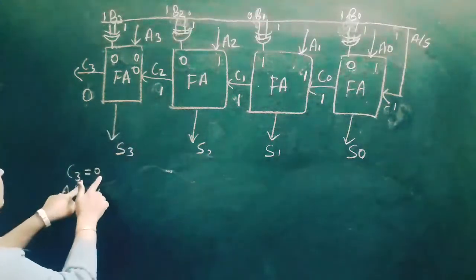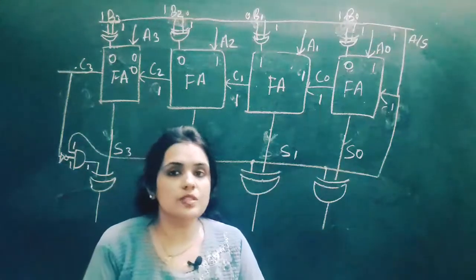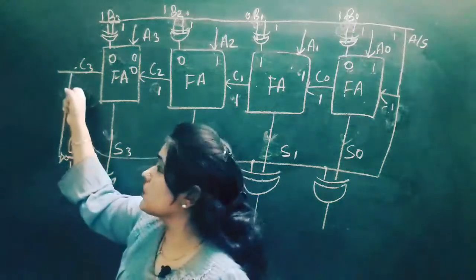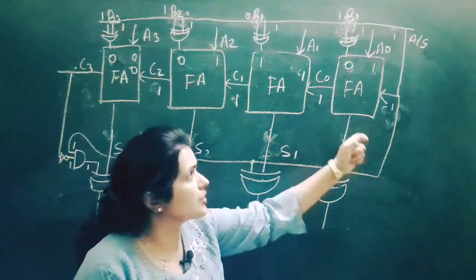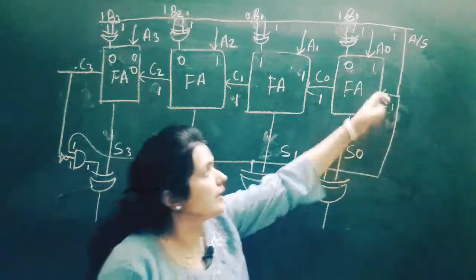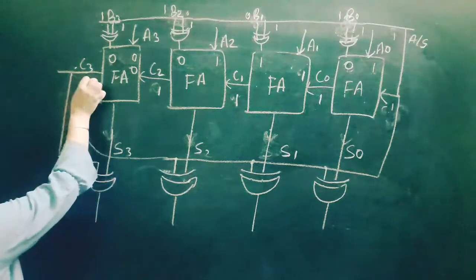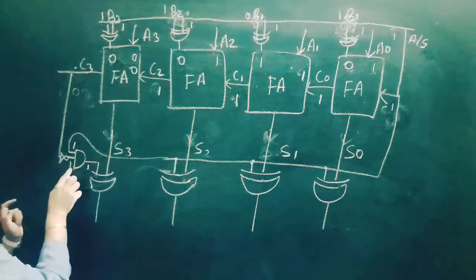So when C3 is equal to 0 and the signal is equal to 1, as we have seen, the problem occurred when Cout was 0, that is C3 was equal to 0, and when we were performing subtraction. So in case of subtraction, the signal will be equal to 1. And when C3 is equal to 0, I have put a NOT gate here, so the complement of 0 will be equal to 1.